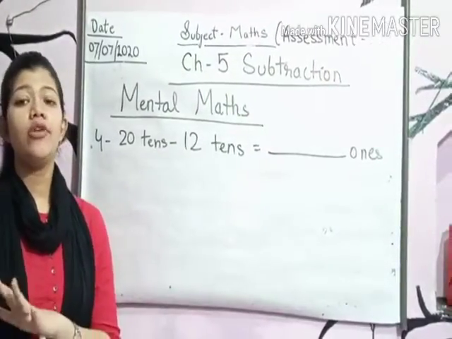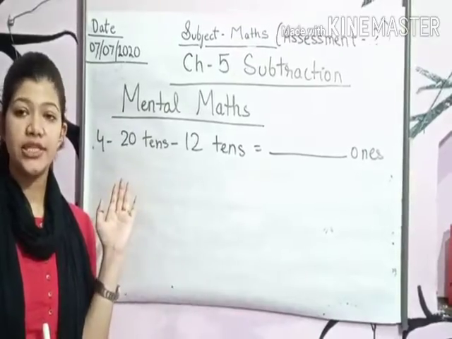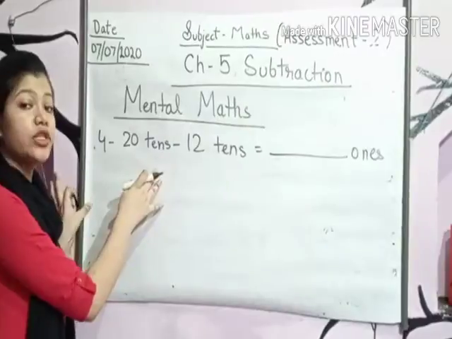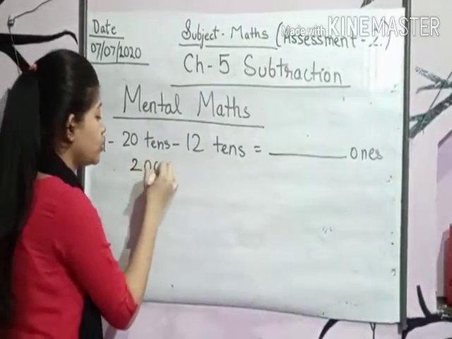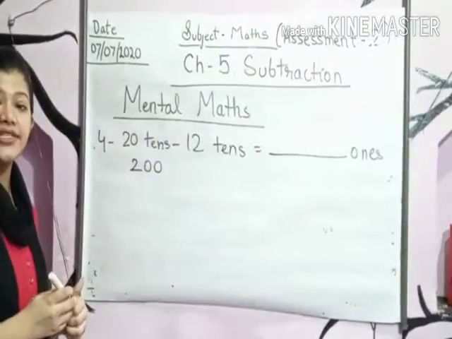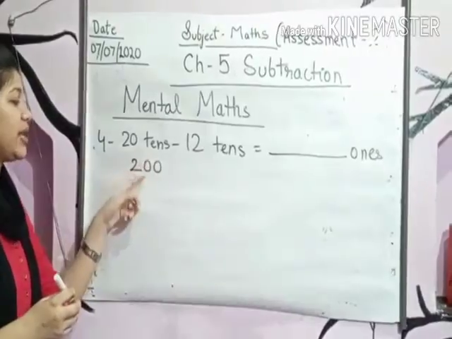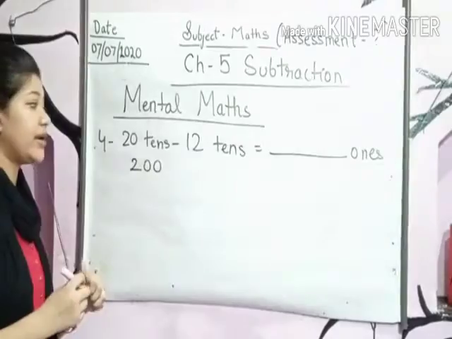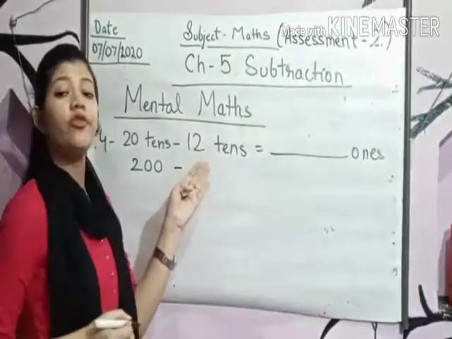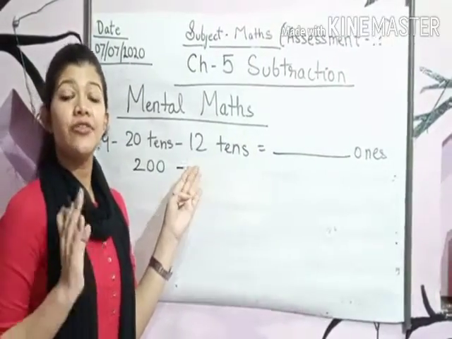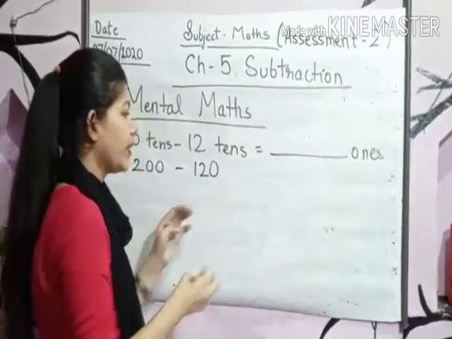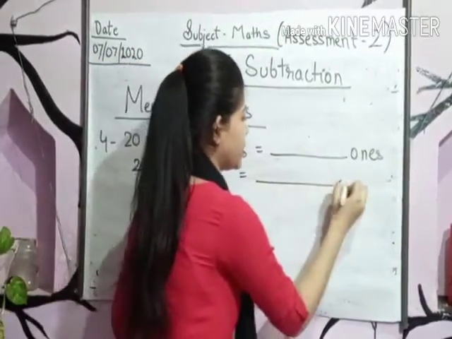Then only you will be able to solve these questions. 20 tens is equal to 200, because 20 tens means 20 times 10. And 12 tens means 120.